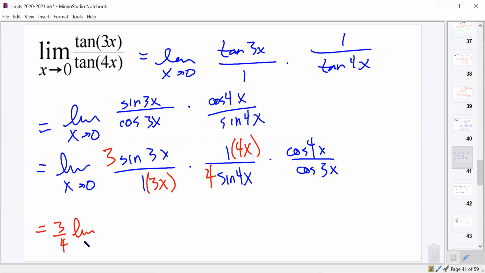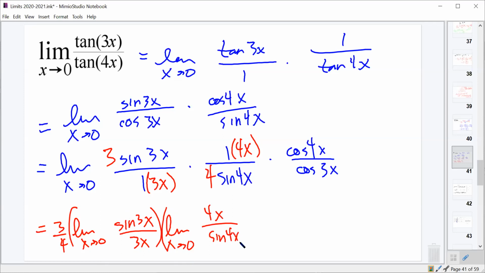So 3/4 times the limit as x approaches 0 of, well, let's write each piece as its own limit. Sine 3x over 3x. Limit as x approaches 0 of 4x over sine 4x. And the limit as x approaches 0 of cosine 4x over cosine 3x.